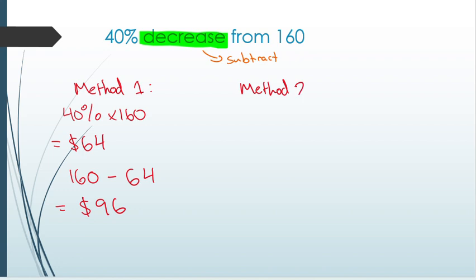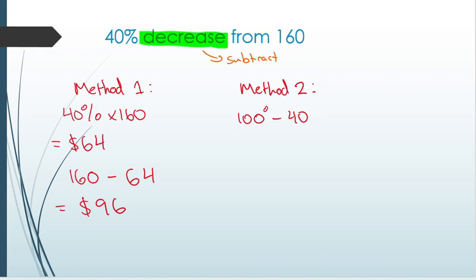Method 2. So what we do is, instead of doing 40% plus 100, we're now going to do 100 minus 40 instead.